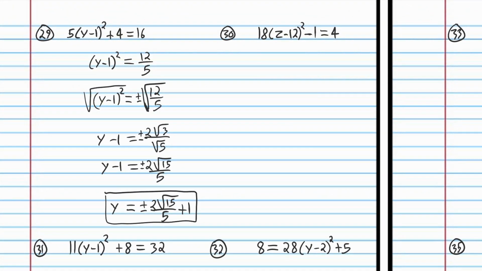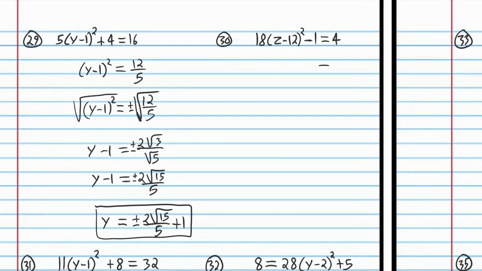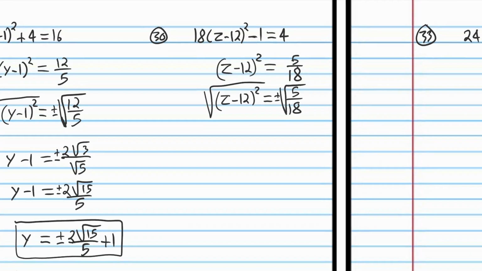All right, we're back. Isolate the square. Square root both sides. Be sure to write your plus or minus.